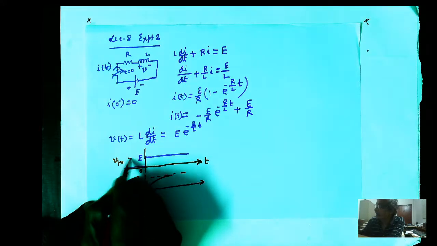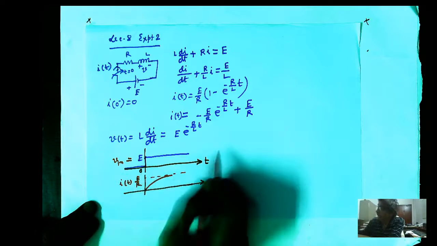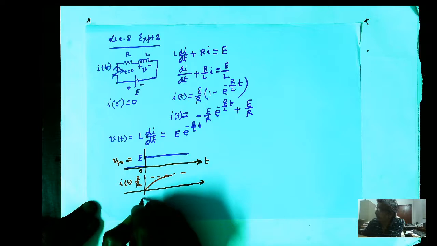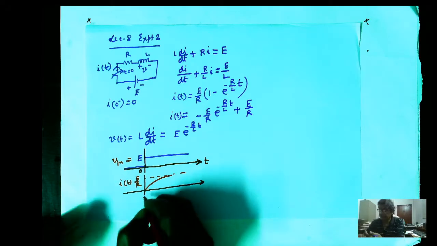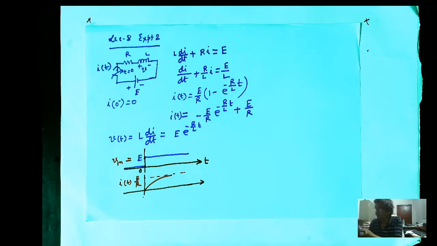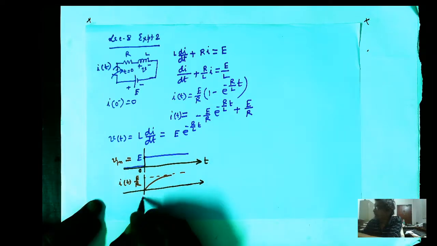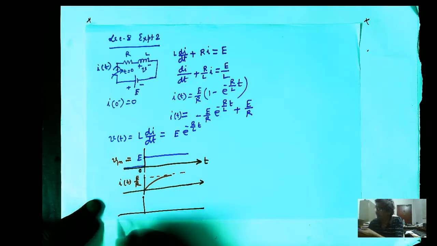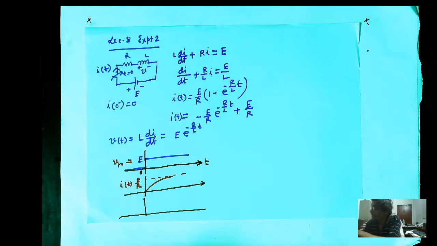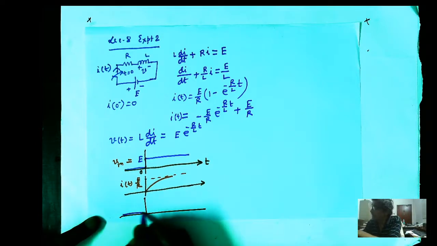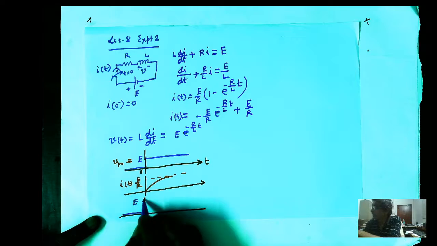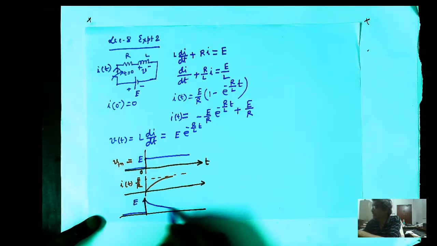Earlier it was 0, and then finally the voltage across the inductance will be, as you can see, 0 in any case earlier, then at t equal to 0 it shoots up to E, then exponentially decays like this.